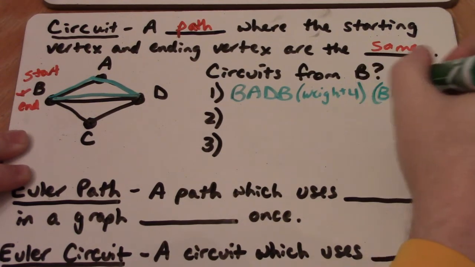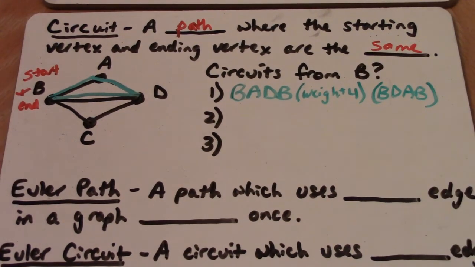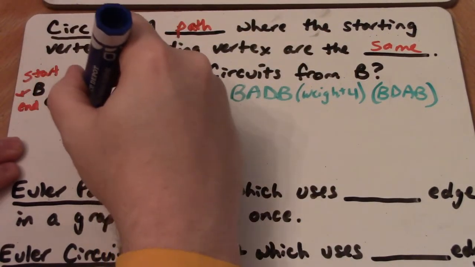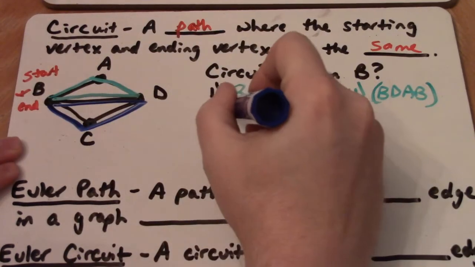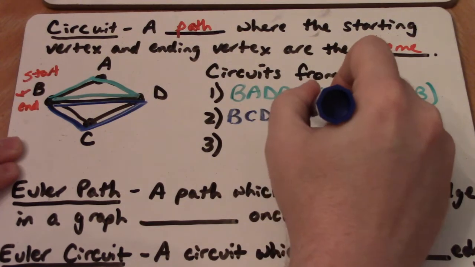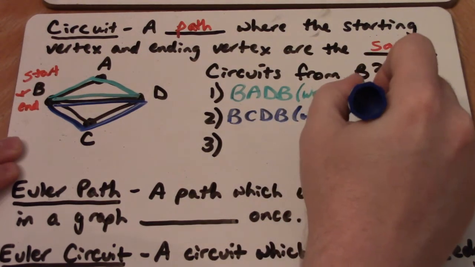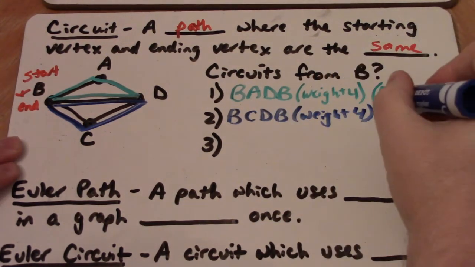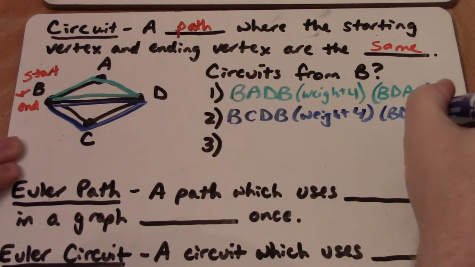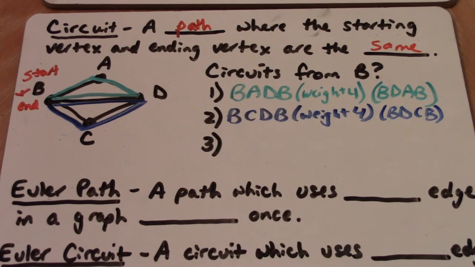Those are the same circuit. Okay? A different one we could do would be from B to C to D and then back to B. B, C, D, B. Again, that is also a weight of 4. And it is the same as the circuit BDCB.